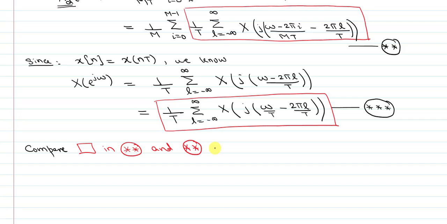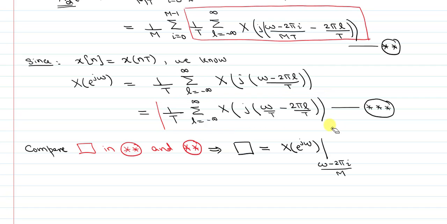What we notice is that the box is simply equal to X(e^{jω}), with ω replaced by ω minus 2π i over M. So the box in double star is simply equal to X(e^{j(ω minus 2π i over M)}). Okay, so let me actually erase this box to avoid confusion.